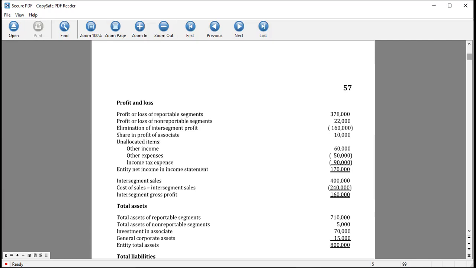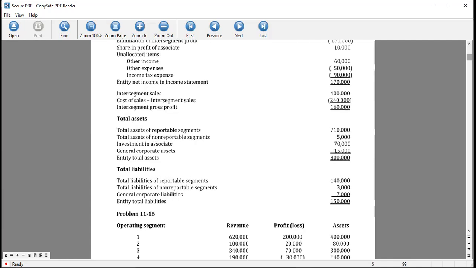Alright, total assets, total liabilities, and the disclosures.